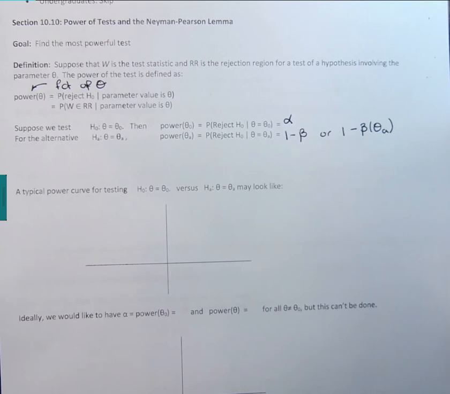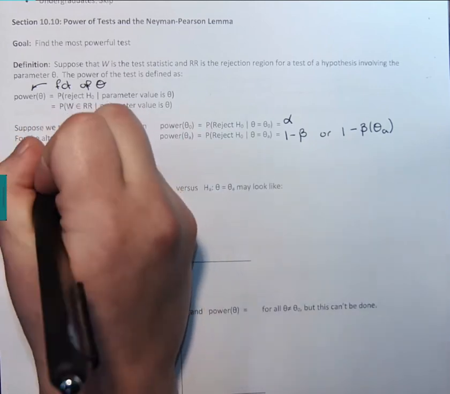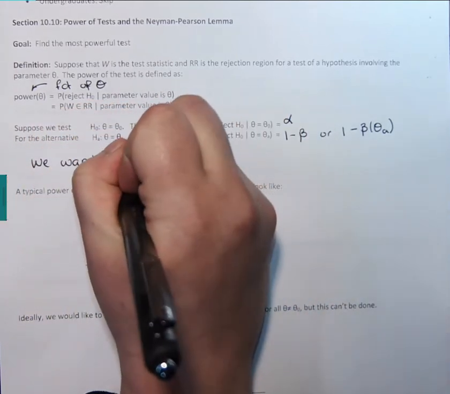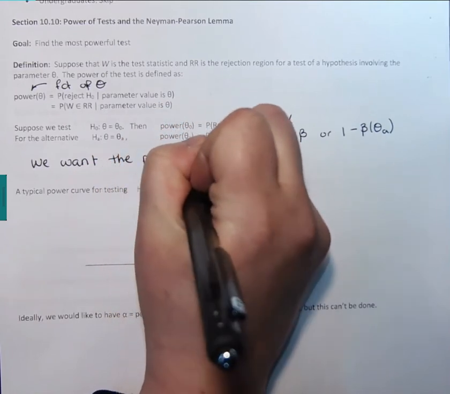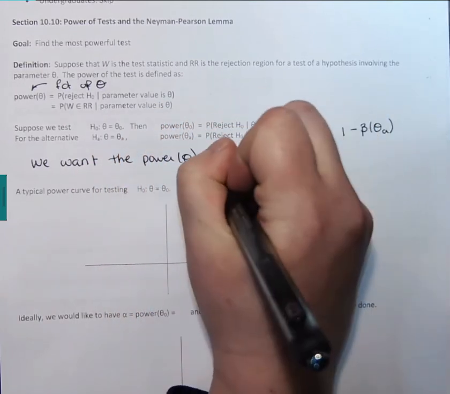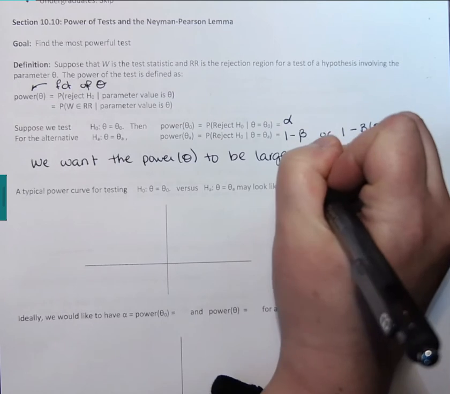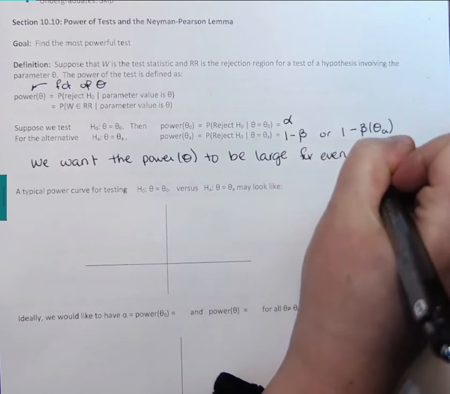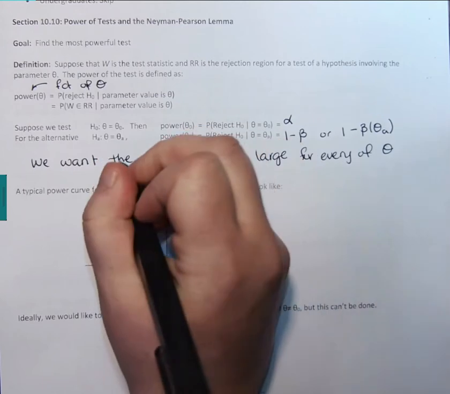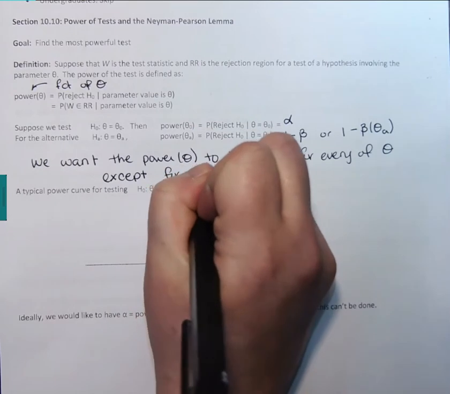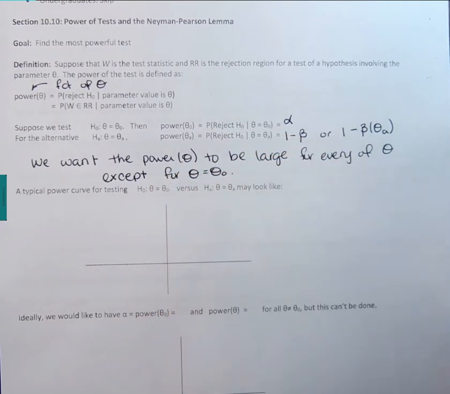And we've seen that in previous sections. So ideally what we want here is we want the power evaluated at different thetas to be large for every value of theta except for theta equal to theta naught.